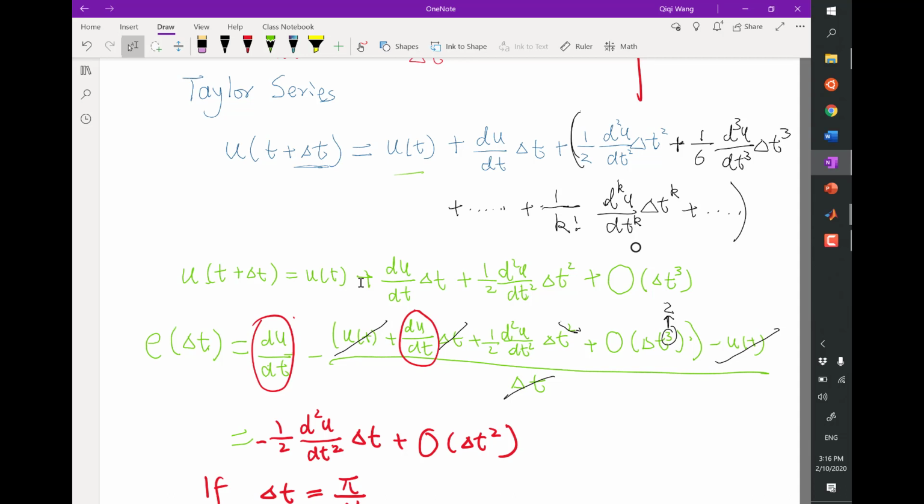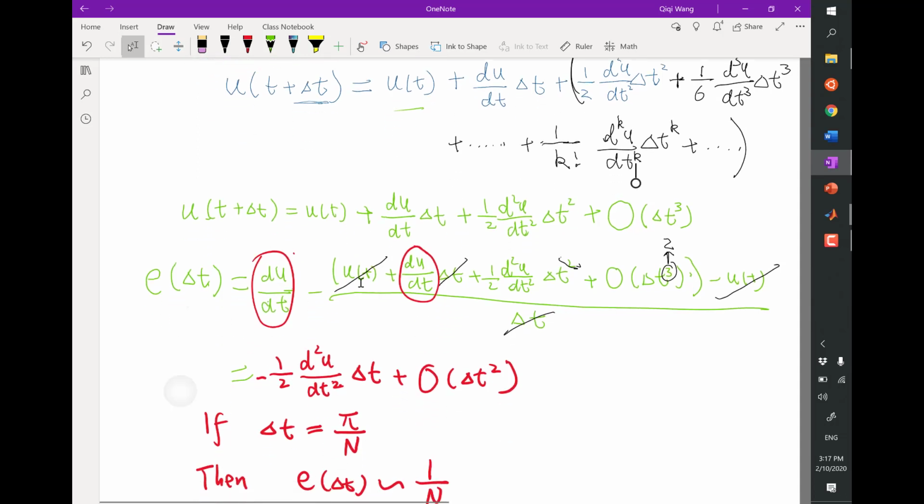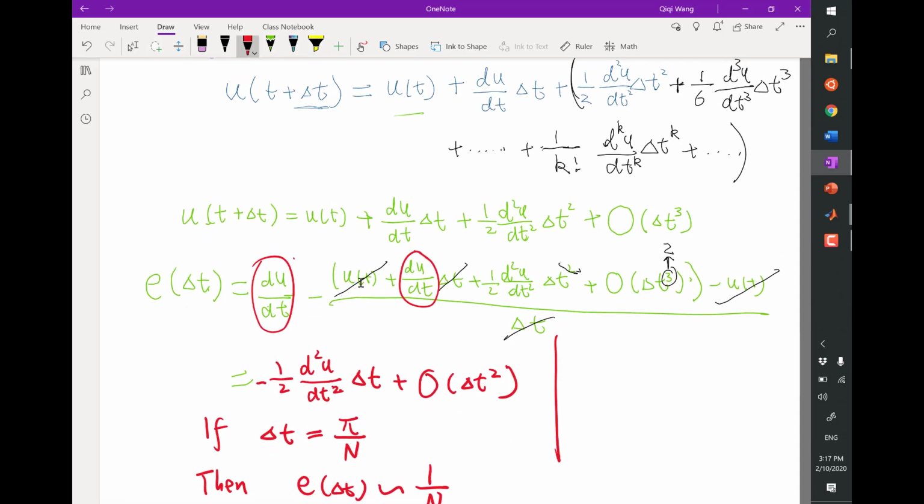Do you want me to write down the midpoint rule here or keep the Taylor series here? Oh, let me keep the Taylor series here and write down the midpoint.